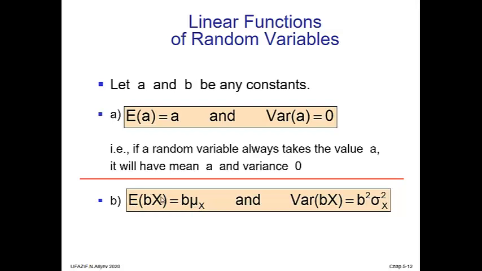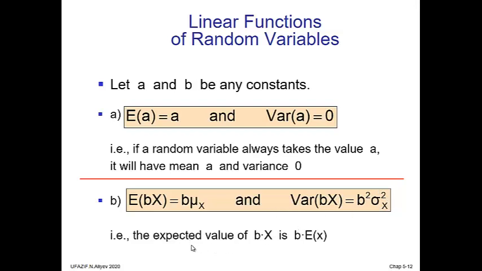If you already know the expected value of x, then the expected value of bx will be b multiplied by that number. Okay, and the variance formula is a little bit different. The variance of bx is equal to b squared multiplied by the variance of x.